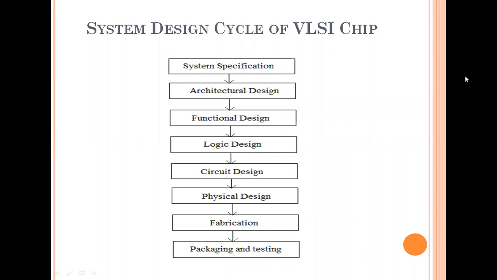With the Microwind software, we can prepare a layout for any CMOS circuit, and this is called the physical design. In the physical design, the netlist is converted into a geometric representation, and the geometric representation of a circuit is called a layout.